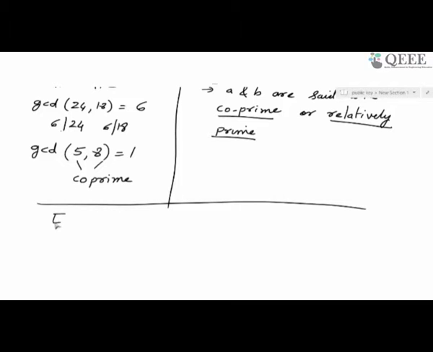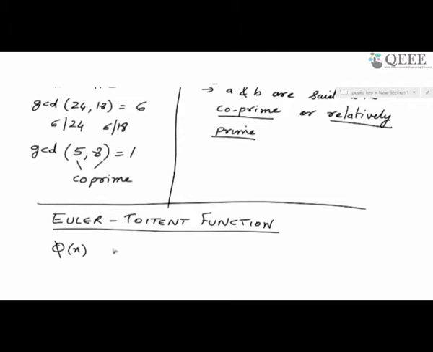We define something known as the Euler-Totient function, and it's represented as phi of n, and it counts the number of integers less than or equal to n that are also relatively prime to n. For example, phi of 1 is 1.